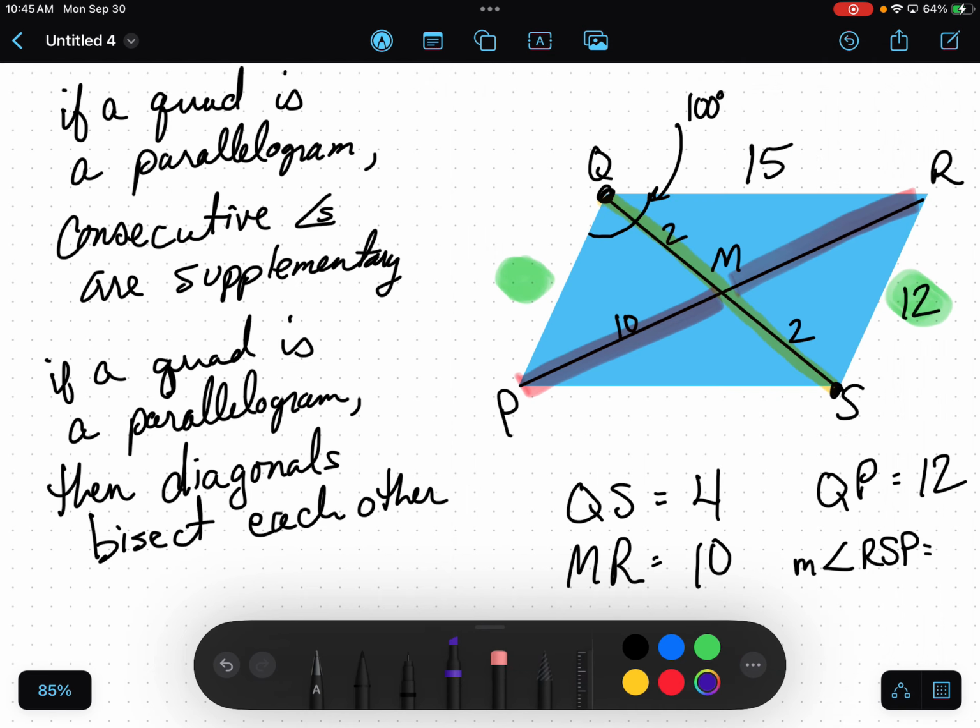When I'm asked a question like this, and I still do this to this day, even though I've done this for a long time, I start at the letter R, I go to S, and I go to P. I'm finding the purple angle up there. So I trace it, even if I might not draw it specifically, but I try to trace it on my paper so I know. How big is it?